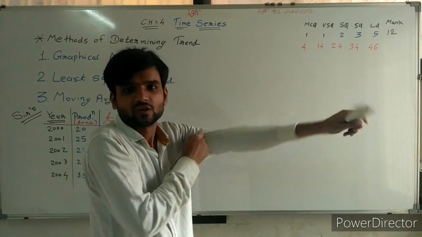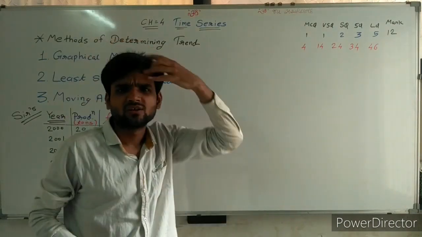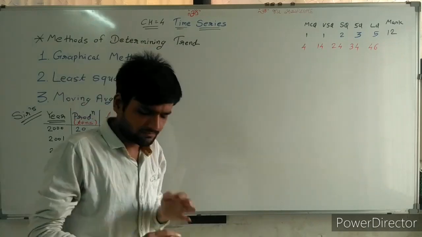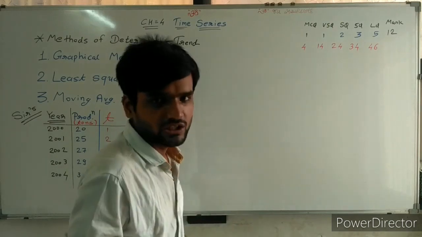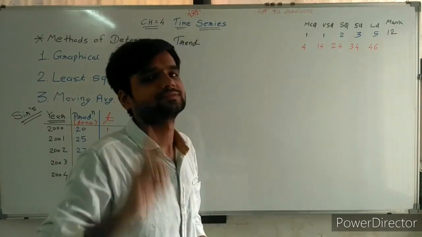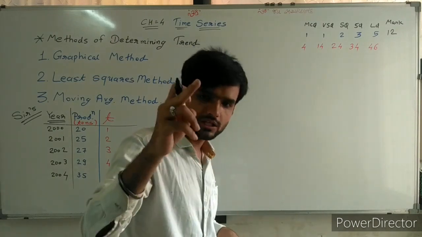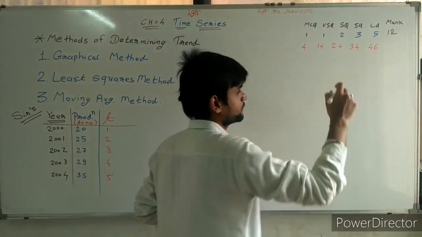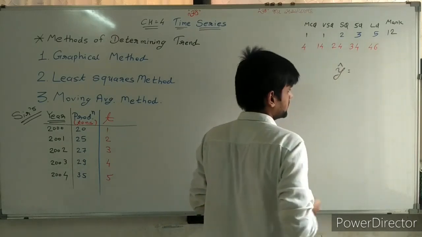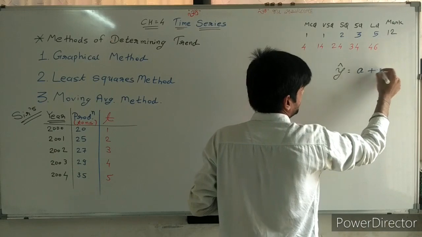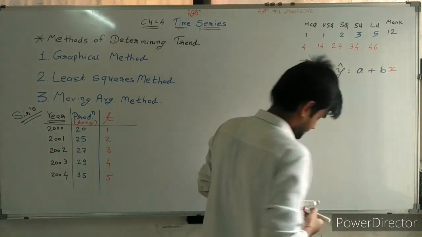Now see, for explaining you least square method, first of all, I am explaining chapter number 3, regression line y on x. We know it, yes, but I am still explaining. Y cap is equal to a plus b x.